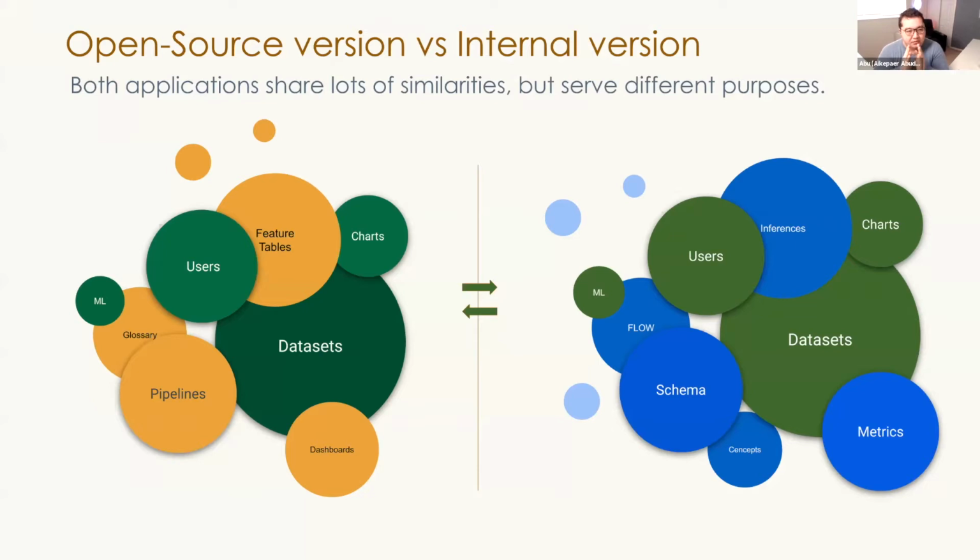So both applications share a lot of similar features, but they go in different directions. Open source DataHub is still focused on the metadata catalog, the entity, and the onboarding part. Internal DataHub, we shifted our direction to be more of a metadata actionable platform.